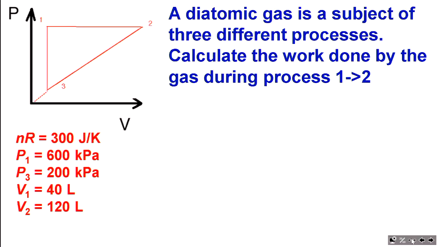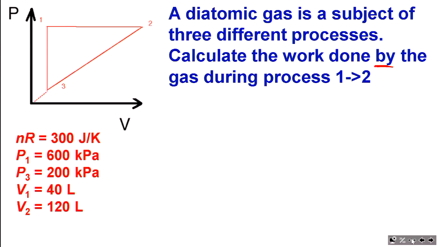We can use different approaches, trying to calculate average pressure and then use P times delta V, but we also can use the fact that the work done by the gas is equal to the specific area.